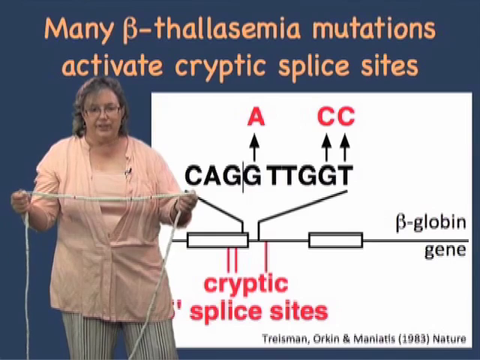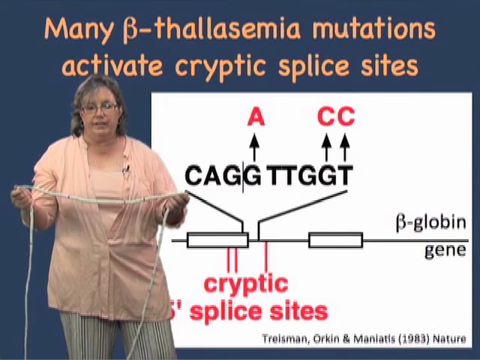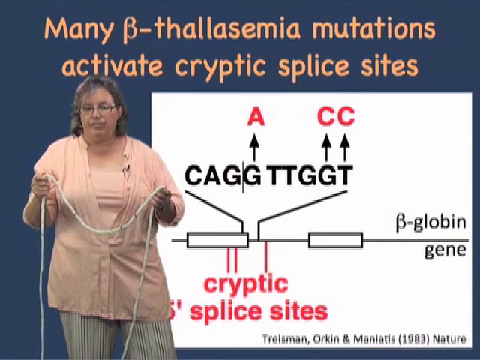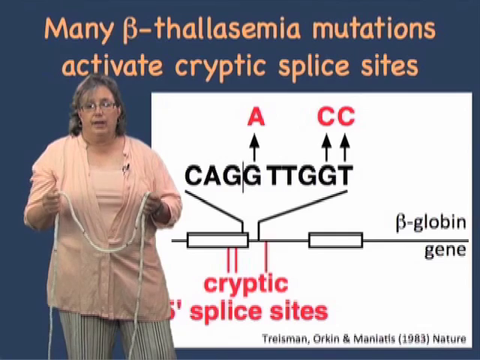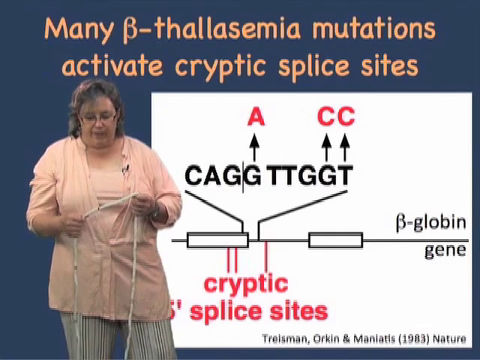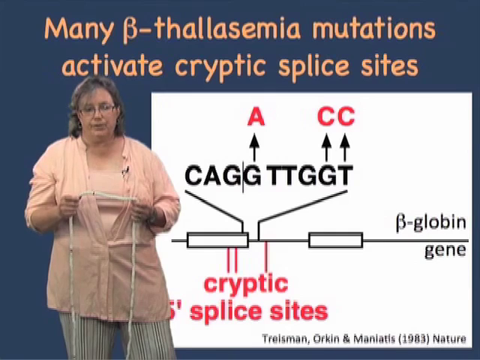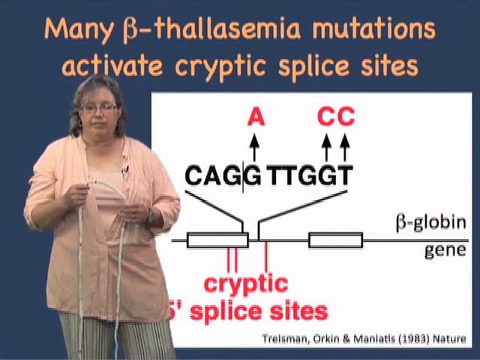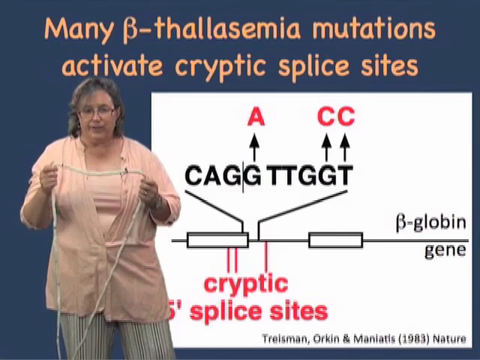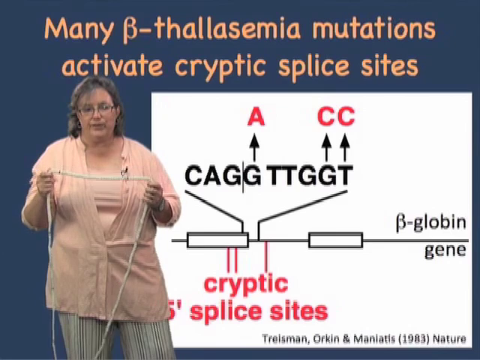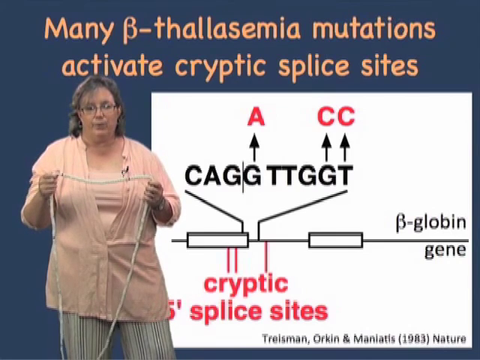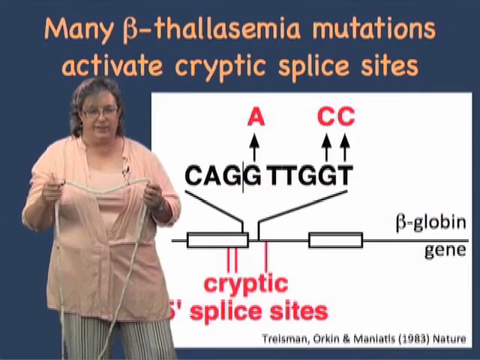So you can think about a human gene as islands of exons in the middle of oceans of introns. Very much like a map of the Pacific Ocean, if you're going to identify the islands, you're going to look at the islands, not at the ends of the oceans. You're going to look at where the islands begin and end, and not where the ocean begins and ends.